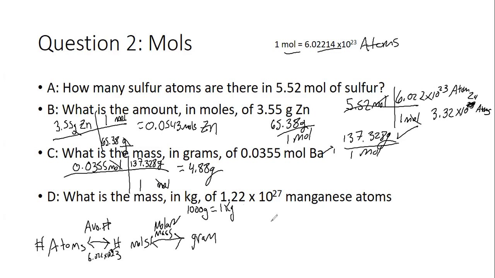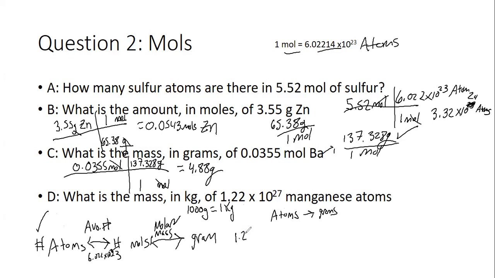So I want to go from atoms to grams. And we look at our little flow chart on the bottom. To do that, I have to go atoms to moles to grams. I can't go directly from atoms to grams. I have to go to moles first. Right. So to go from atoms to moles is Avogadro's number.